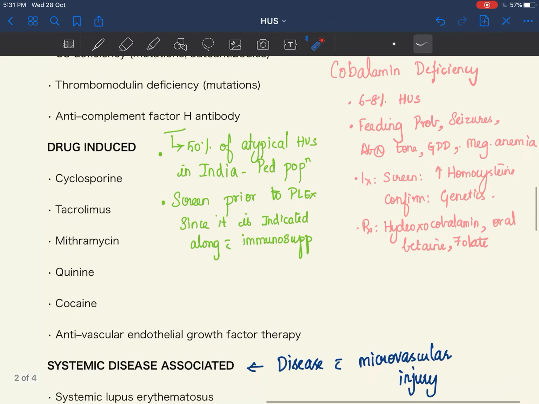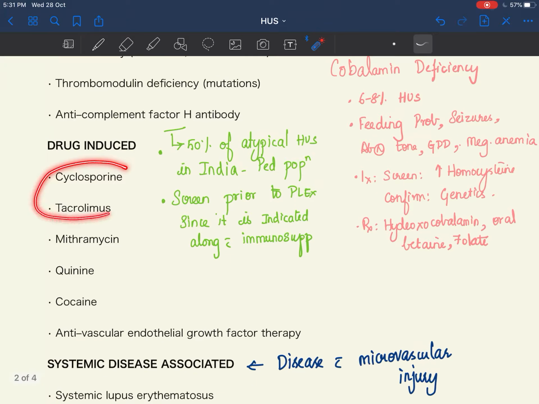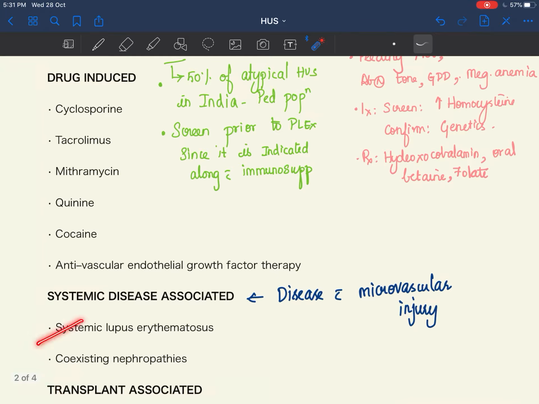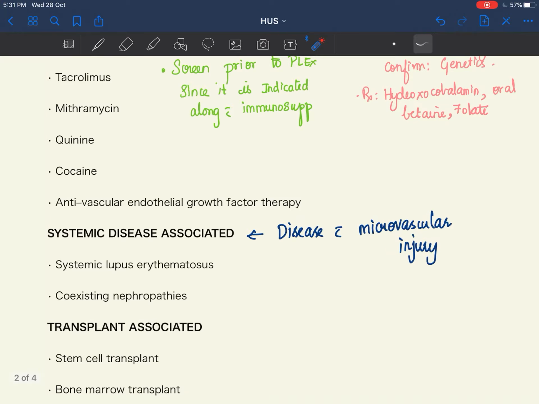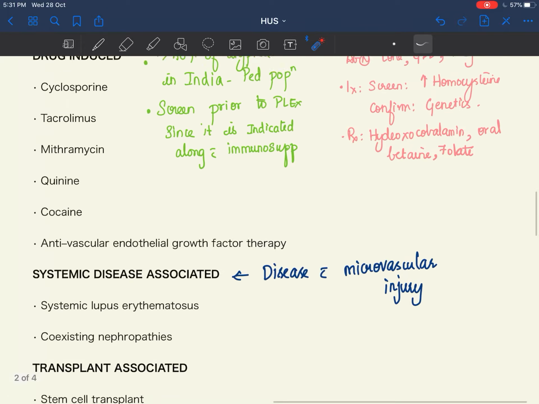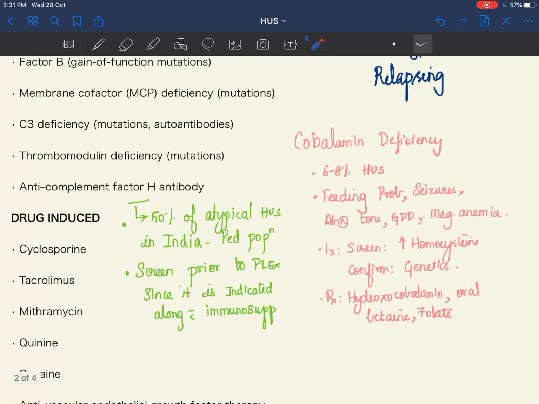Alright. Drug induced, important for you to remember, is cyclosporin and tacrolimus. Systemic disease associated: SLE. Transplant associated: whatever transplant you can remember, you can put. There is one other variety, cobalamin deficiency induced HUS. Weird, isn't it so? But it actually accounts for nearly 6 to 8% of HUS, and it's definitely treatable.